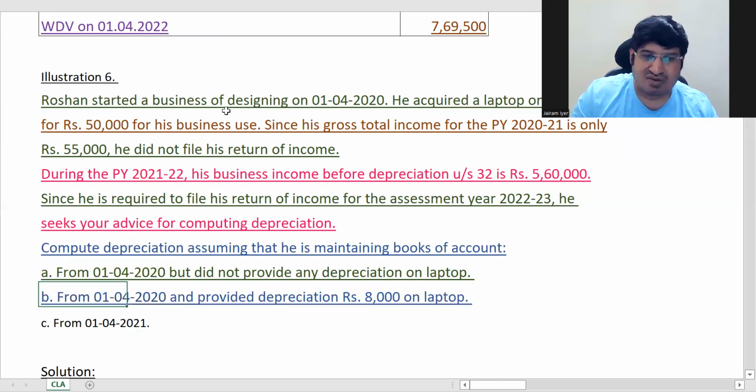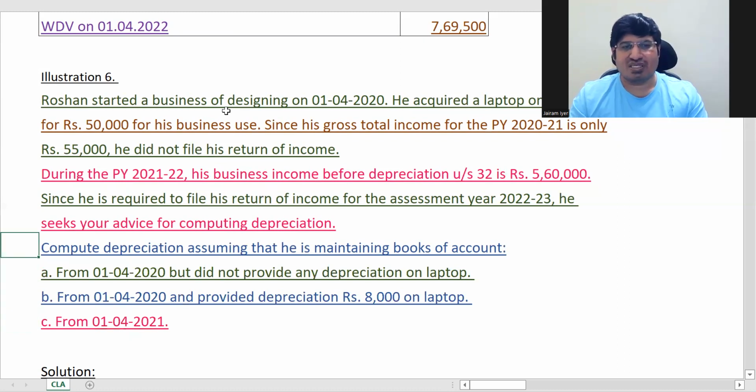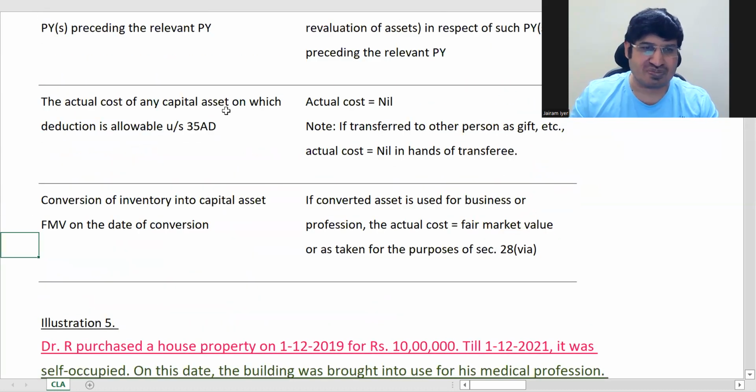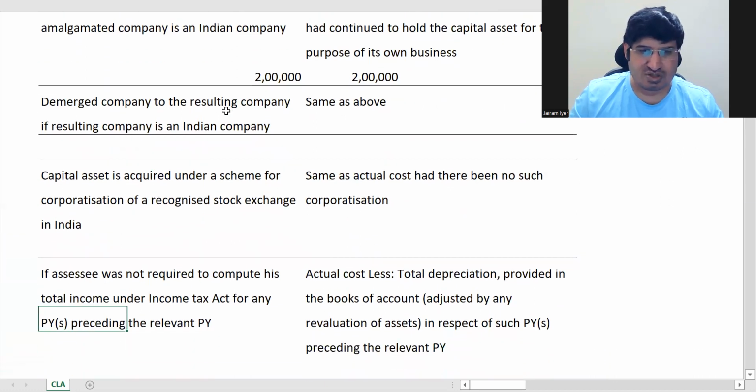Next is from 1/4/2020 but provided 8,000 depreciation. Third is maintaining books from 1/4/2021. Okay, now this problem is basically from this one.